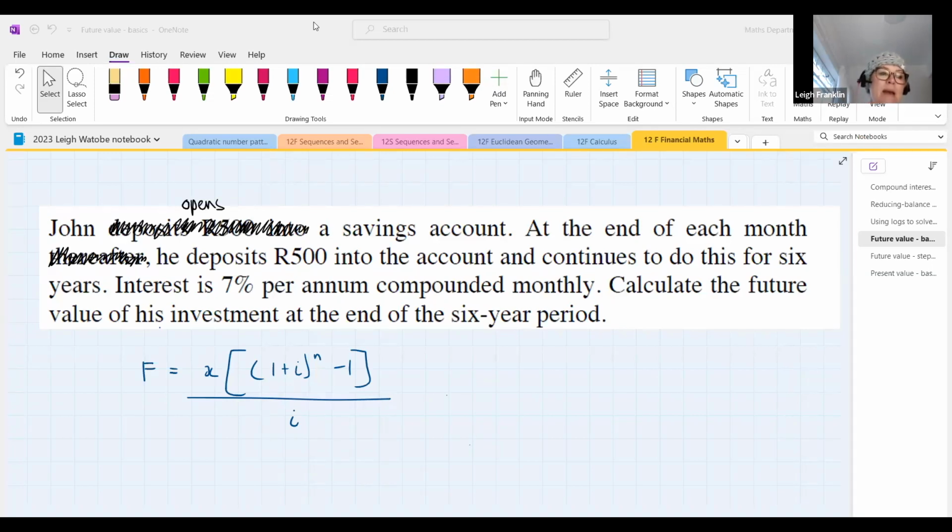The way they make it trickier is by making it more difficult to work out what the value of N is, or that there are payments that end up being missed, or money stays in the account and it accumulates interest. It's not because the interest rate is actually changing. Okay.